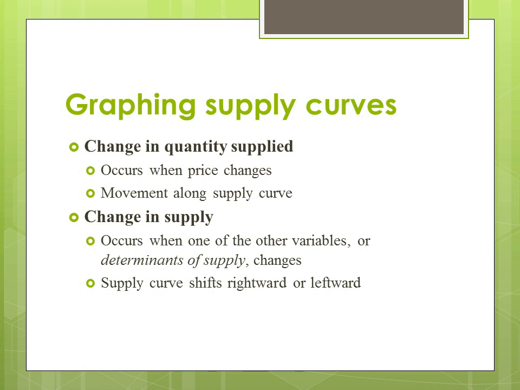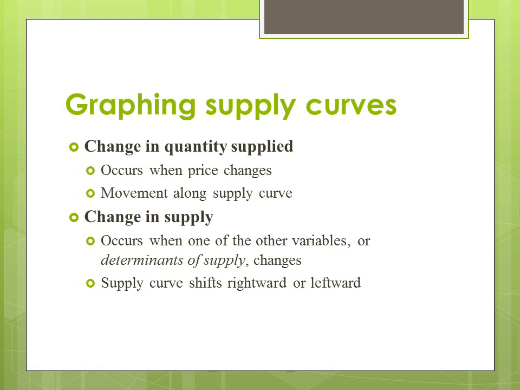So when one or other variables change, it will shift the supply curve. The supply curve shifts rightward or leftward. So as I told you, the effect of a subsidy: when the government increases subsidies, our supply will increase and it shifts the supply curve downward or rightward.